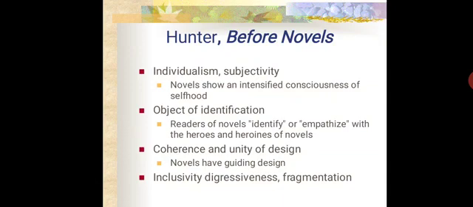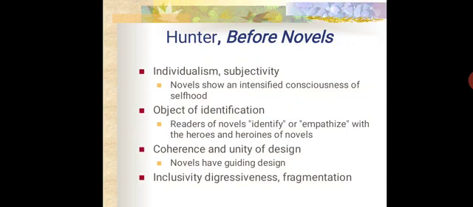Novels show an intensified consciousness of selfhood. Object of identification. Readers of novels identify or empathize with the heroes and heroines of novels. So identification is the most important part. How the middle class people relate to those particular characters. They seem to be the same character in the novel. So it is object of identification.